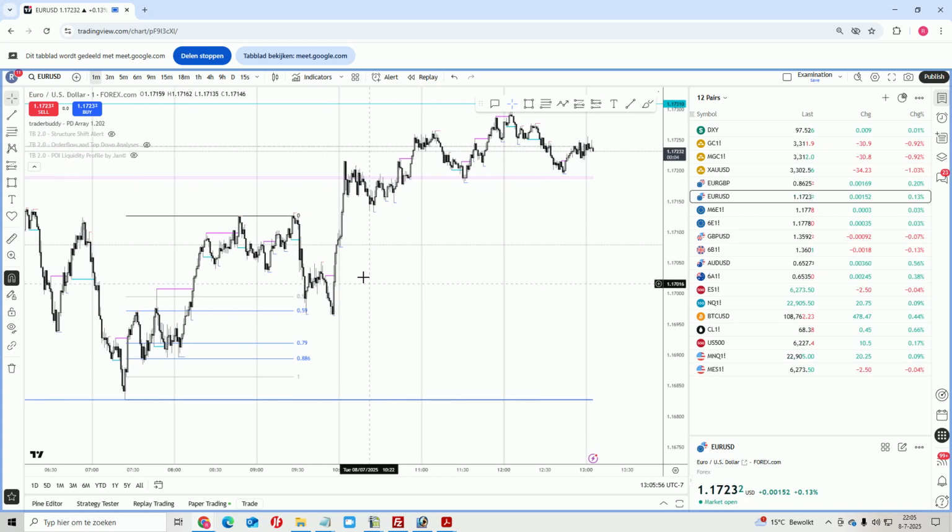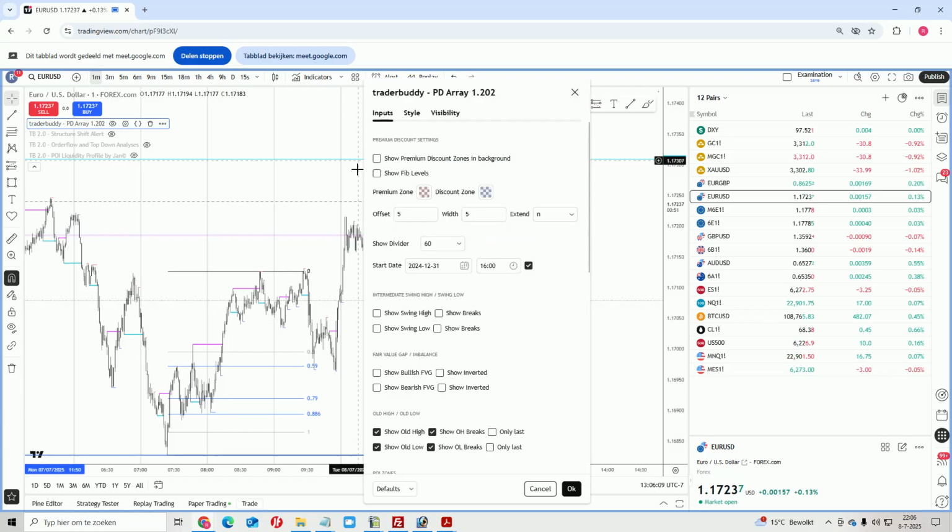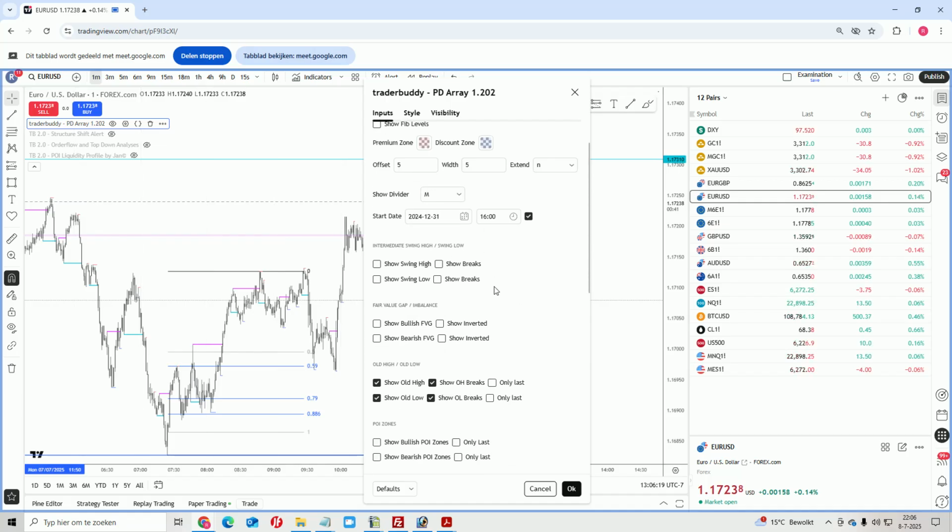So now you know this was the open on the hourly and this is the close on the hourly. So this is a clear form of mitigation. So that's how you can use these things. Put it on the monthly. Start date, this is where it starts looking for structure.